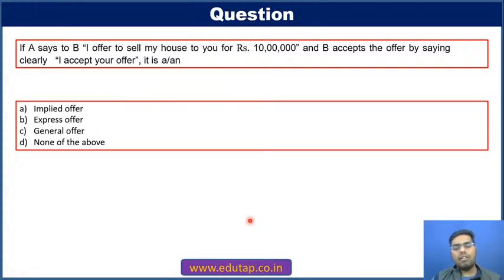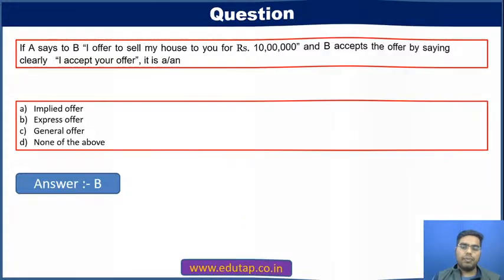Implied offer, express offer, general offer, or none of the above. Absolutely correct. It is B, express offer.